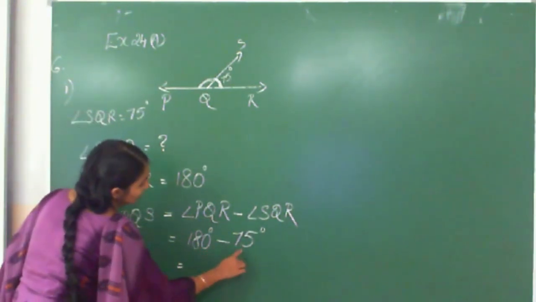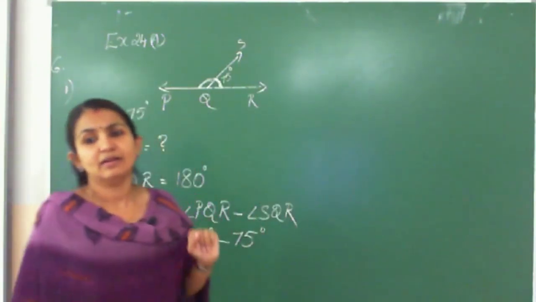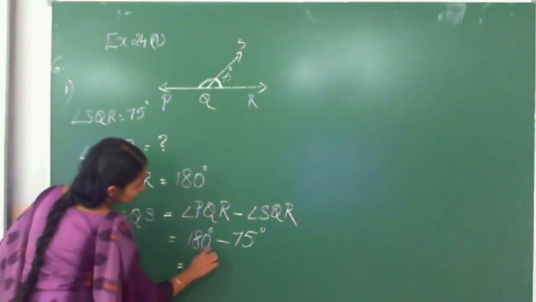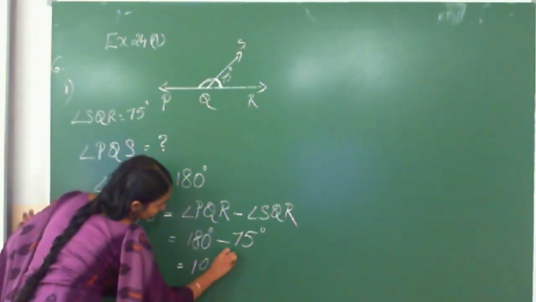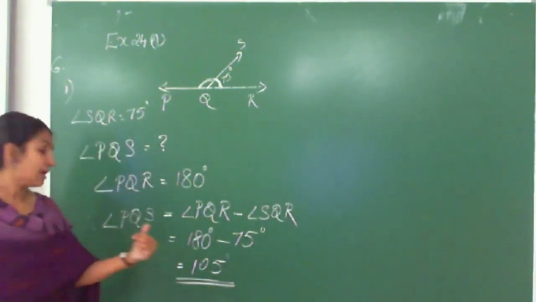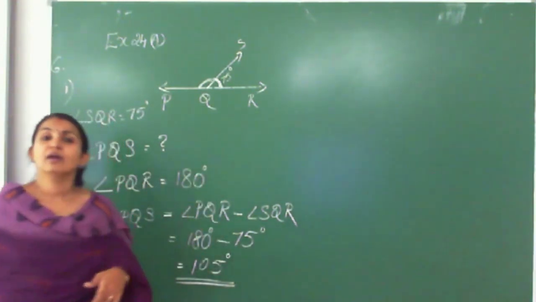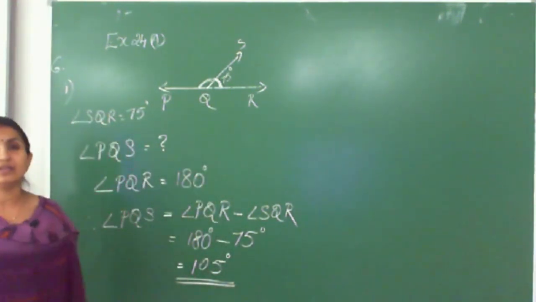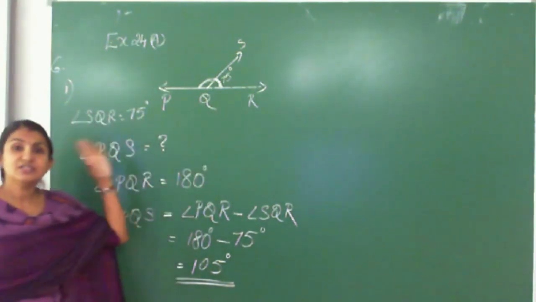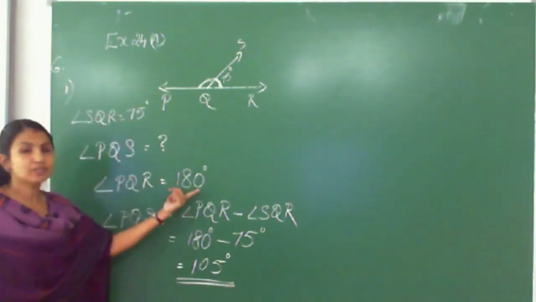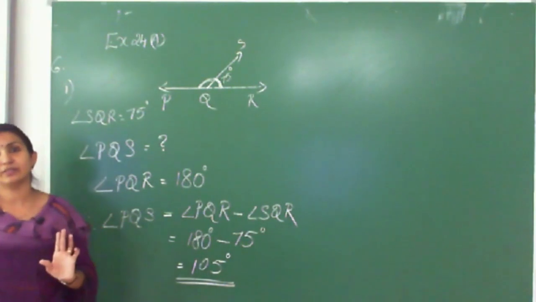So 180 minus 75. Just go to the working column, do it and then write down the answer. 0 means 5, and the answer is 105 degree. Don't forget to write 105 degree, and this is the required answer. I hope it's clear. So check thoroughly what all things are given, then write all that. From that, see how we can find out, check it and then complete.